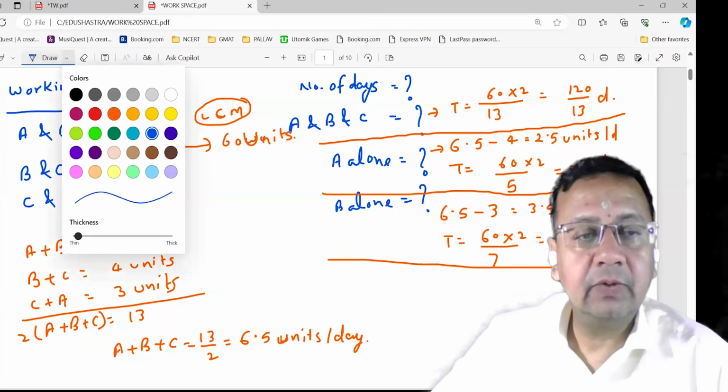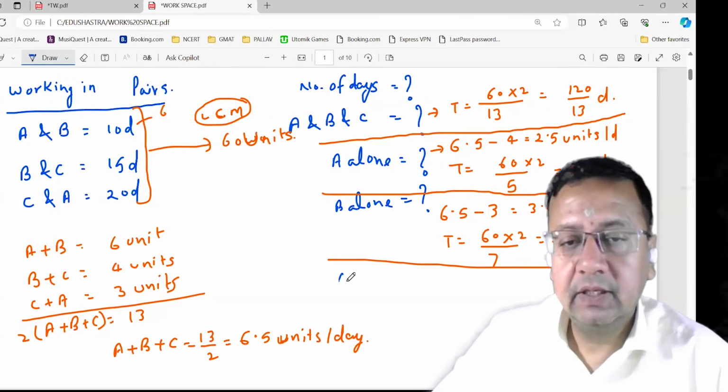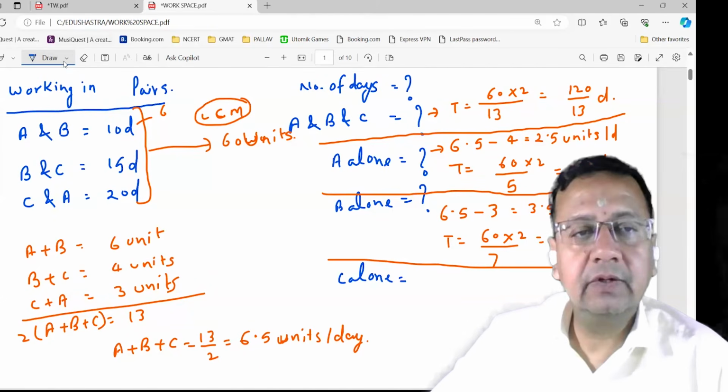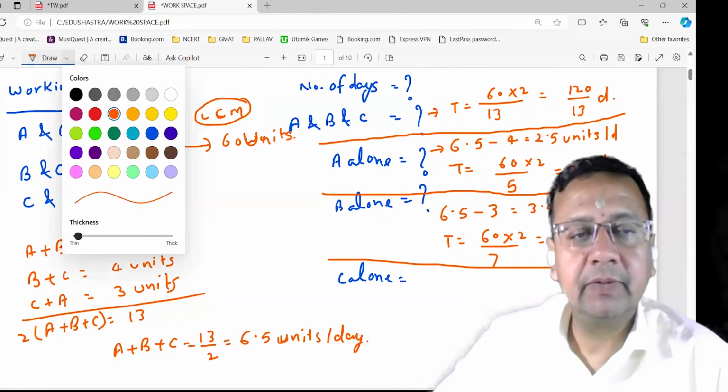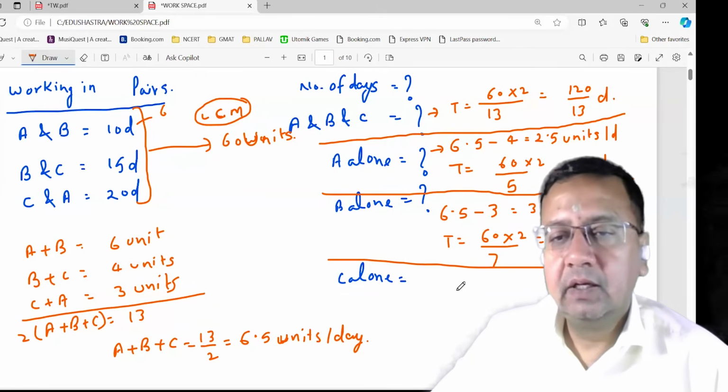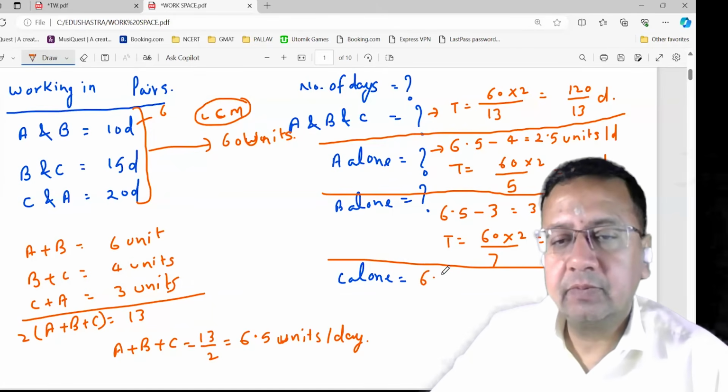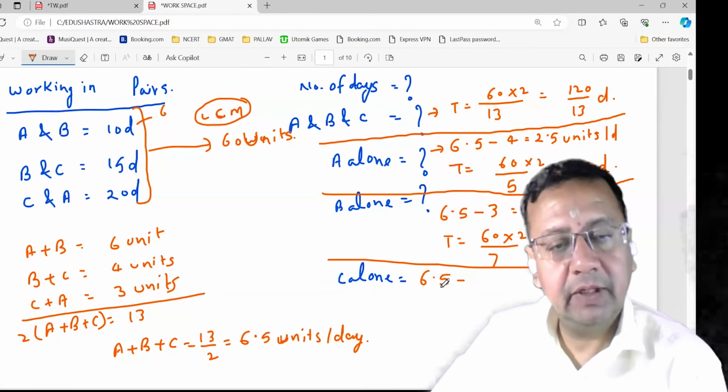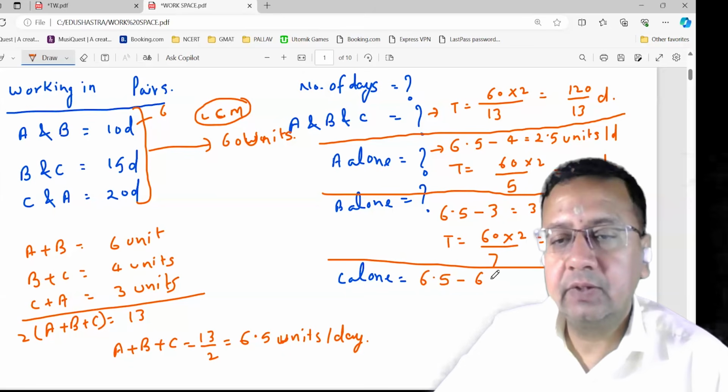And if I want to calculate for C alone, quickly tell me, what is the number? So 6.5 minus A and B, which is 6 units. So this is 0.5.